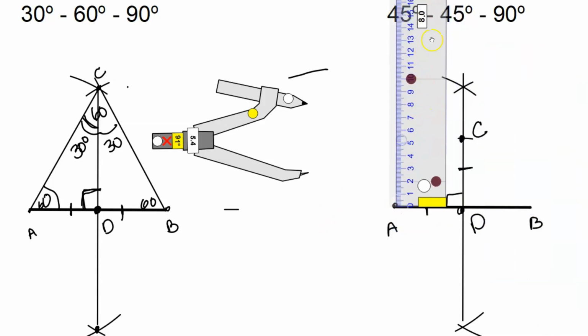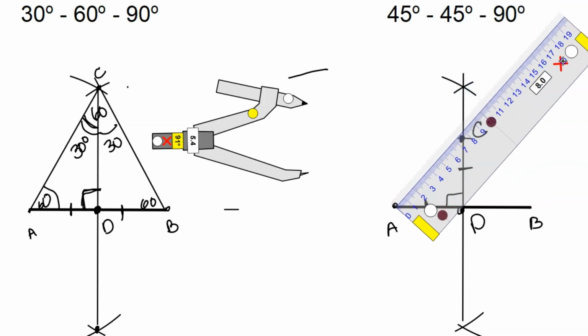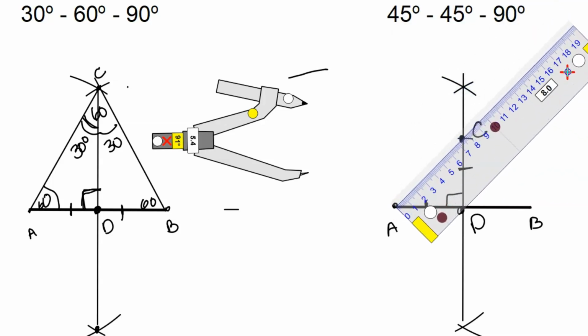And then you're just going to connect. Let me see if I can rotate here. From A, let me rotate it so that it's actually hitting point C right there, because we want those measures to be the same. And we're going to draw in our hypotenuse.